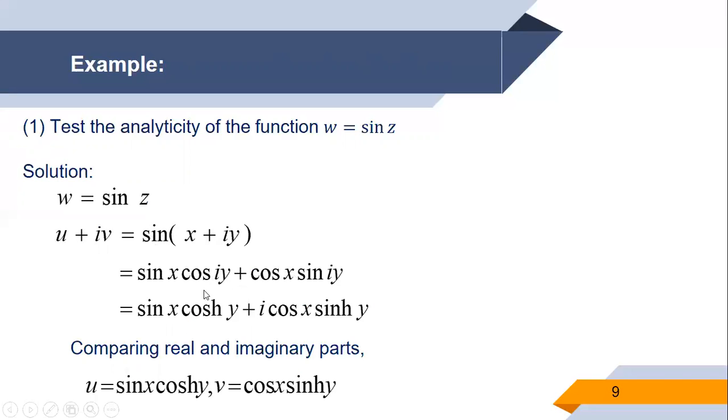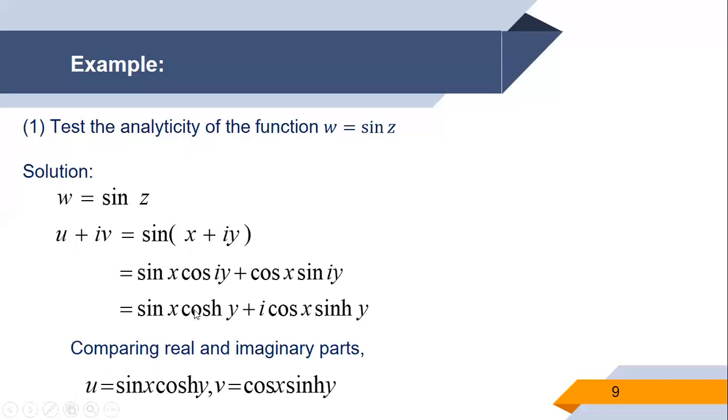Now we know the relation between cos iy and cos hyperbolic y. So cos iy is nothing but cos hyperbolic y, and sin iy is i sin hyperbolic y.